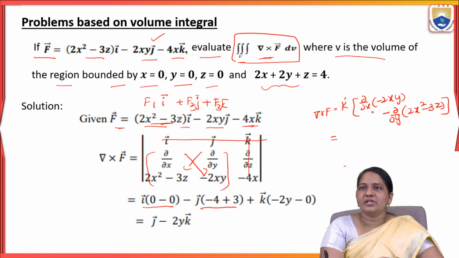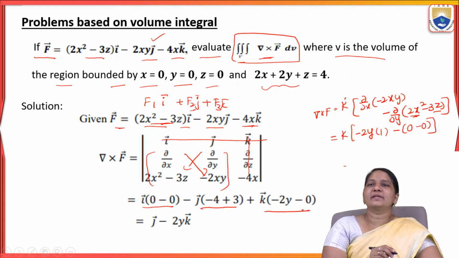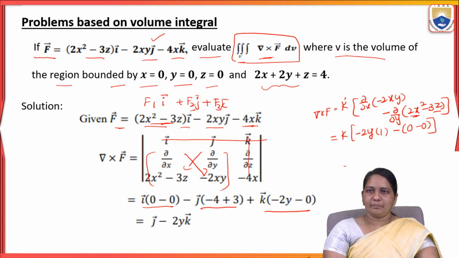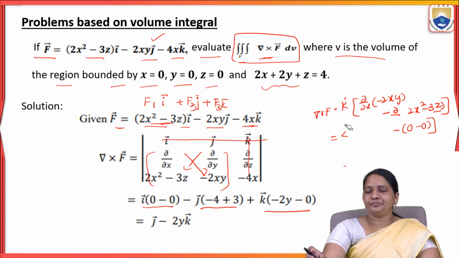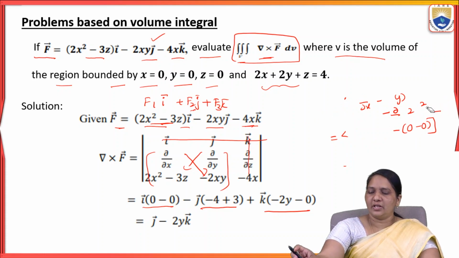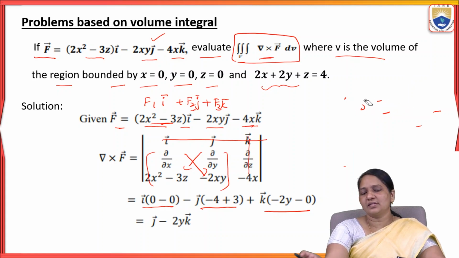With respect to x we are doing here, so minus 2 and y both are constant, x is 1, minus dou by dou y of 2x square is constant, so 0. 3z also constant, 0. So finally the value is minus k into minus 2y. Sorry, plus k into minus 2y. So these are the values of del cross f.